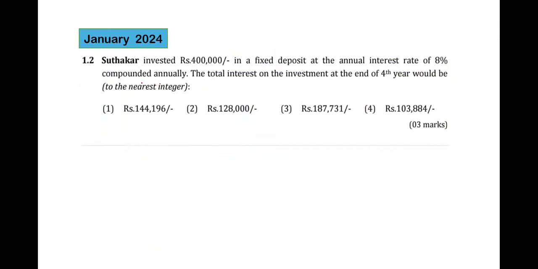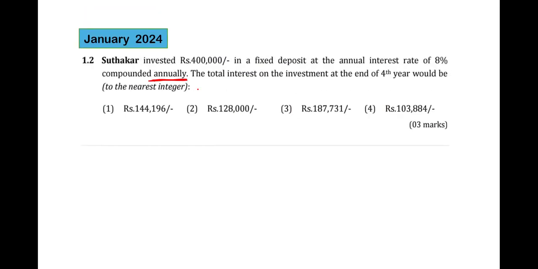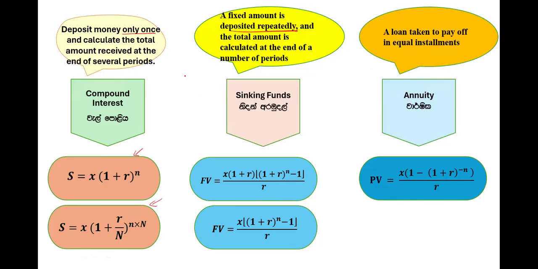It is compounded annually. Here it is annual, not quarterly. The total, 8% compounded annually. The total interest on the investment at the end of 4 years would be. Right. Then what is the formula? Compounded is annual. Here is the number of times per annum.